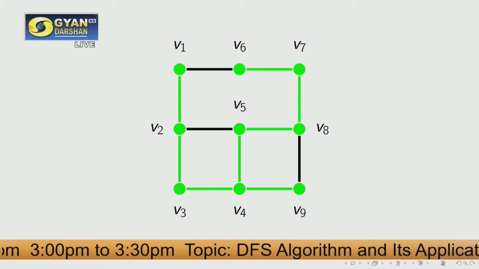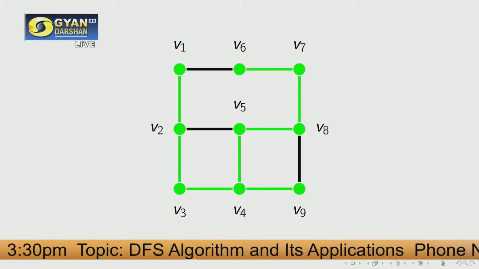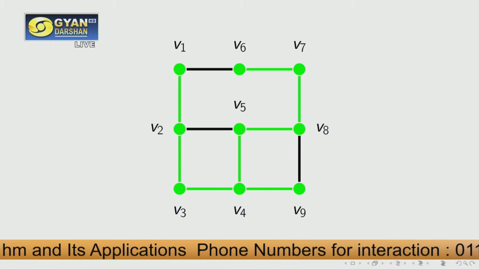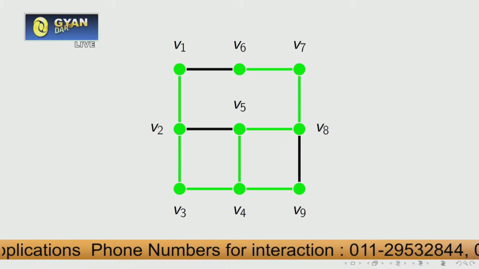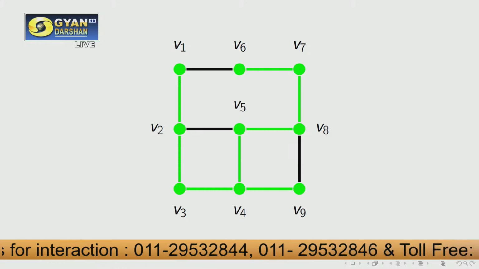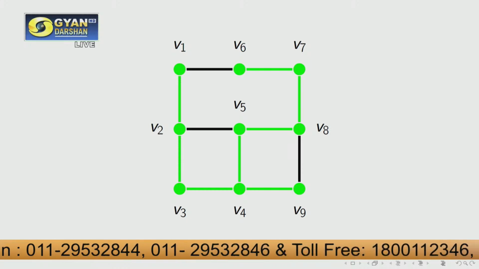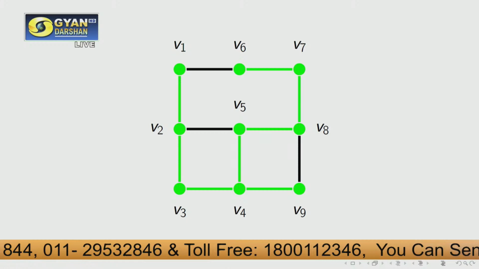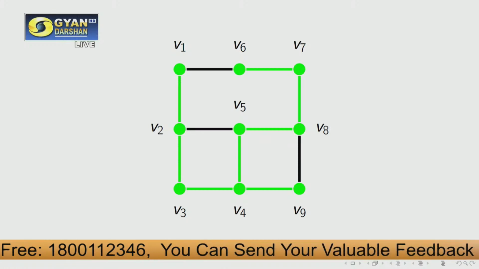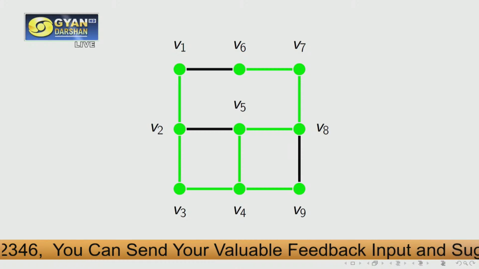So let's take an example here before looking at the application. Look at this graph. You can see that the green edges form a spanning tree in this graph, and the edges that are black are not part of the spanning tree. For each of these edges we can find one fundamental cycle.